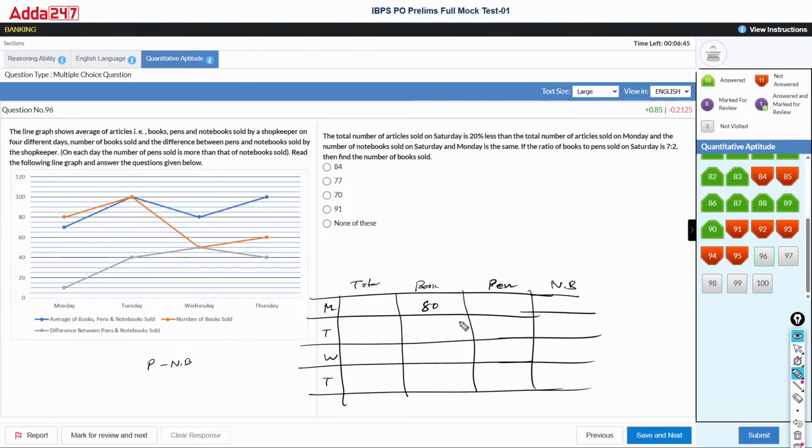So 80, 100. This is what, 50, 60. This blue one is the average, right? So 70, 210, 100, 300, 80, 240, 100, 300.